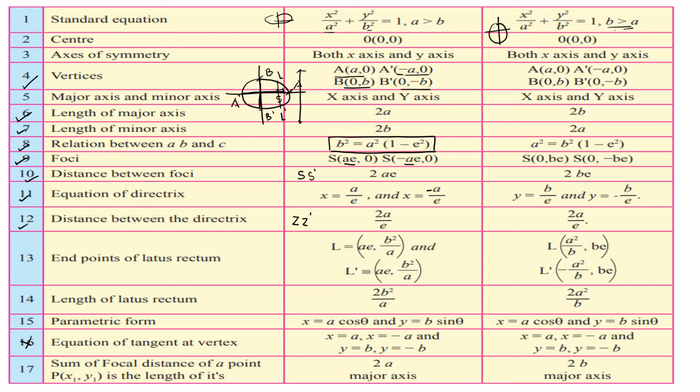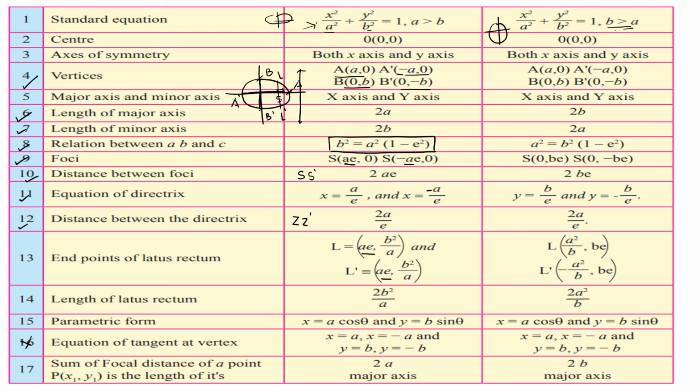Now see, L dash is perpendicular and also passes through the focus, so the x coordinate of L should definitely be the same as the focus coordinate. Since it is passing through the focus, the x coordinate of L will be ae, and the x coordinate of L dash will also be ae. Now I'll substitute the x coordinate of L in the equation of the ellipse and find the y coordinate.